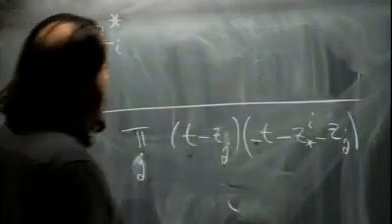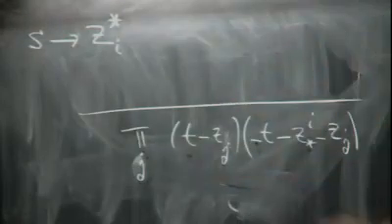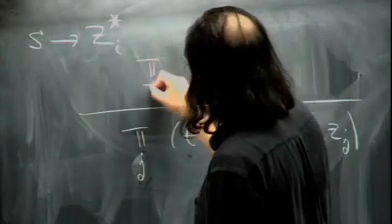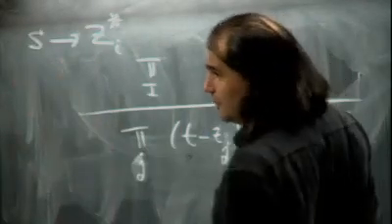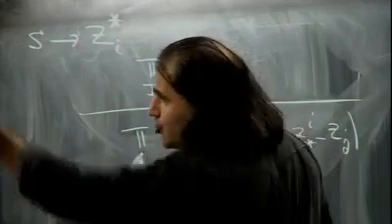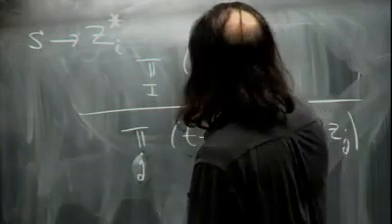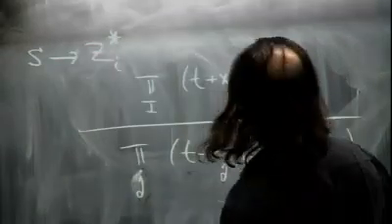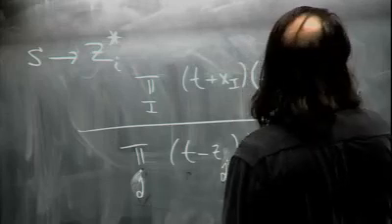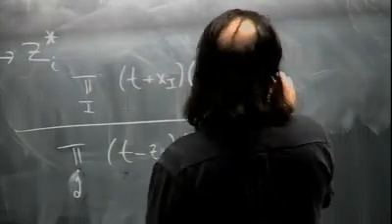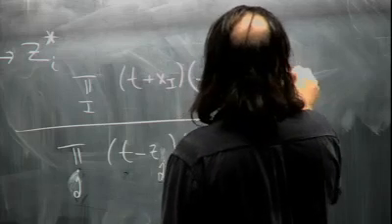The star is just a label, which pole am I talking about. And upstairs I have a product over a bunch of indices. Since I have put s to z star, that's just a constant that goes out. Upstairs I have t plus xi, and u, remember, is negative t negative z_i star, plus xi.